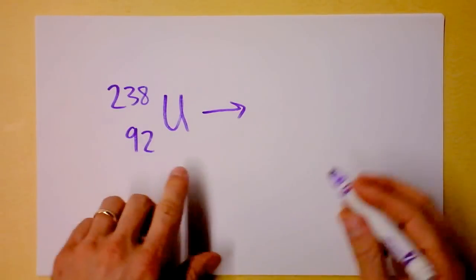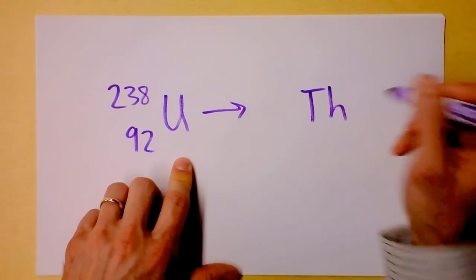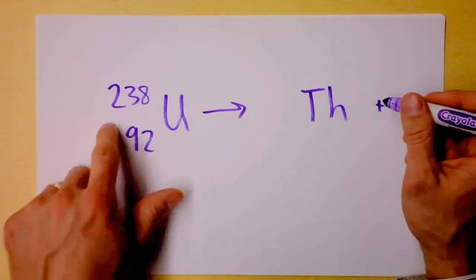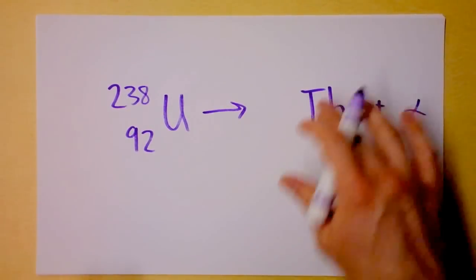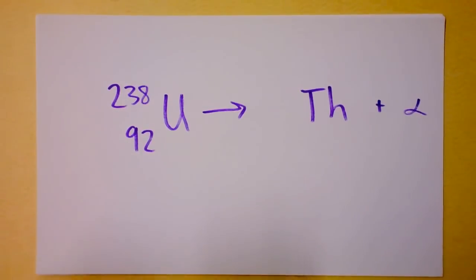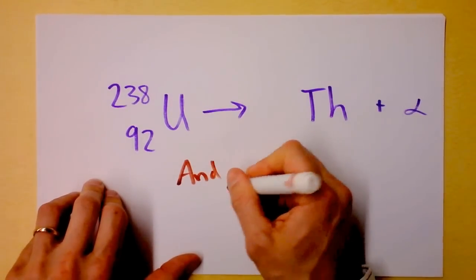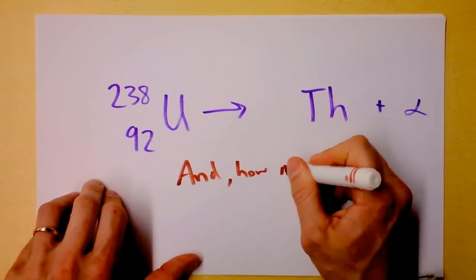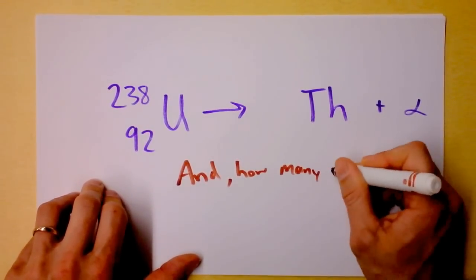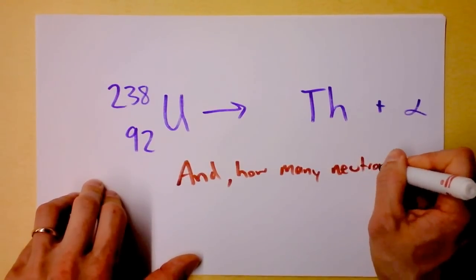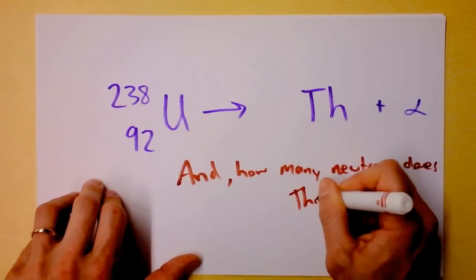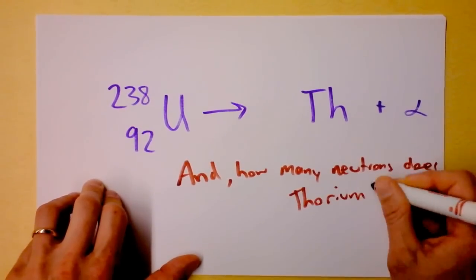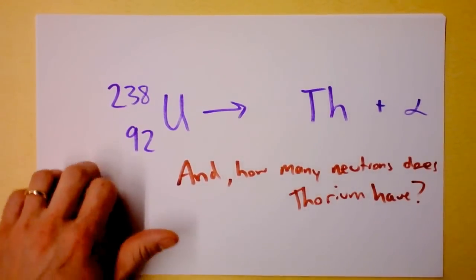So, if uranium's going to thorium, can you figure out what is happening to these 2 numbers right here? And then, of course, you get an alpha particle that's carrying off some fraction of the energy. More of it? Less of it? I don't know. And, final question, how many neutrons does this thorium have? All right, so there's a whole bunch of questions for you.